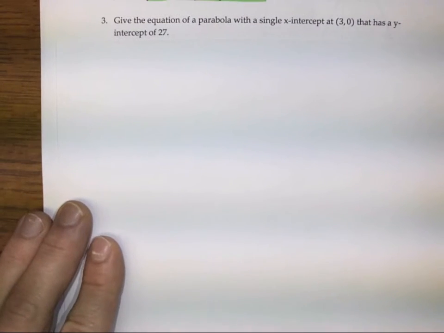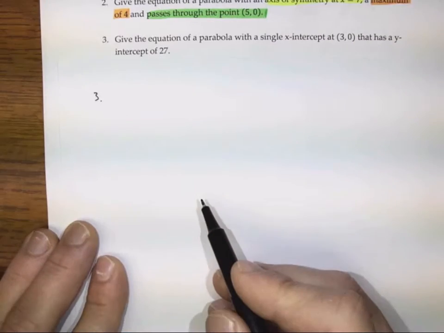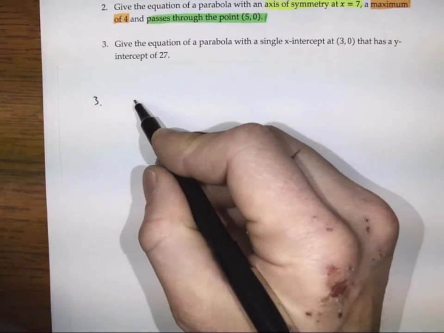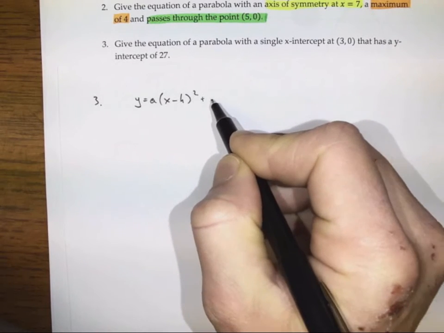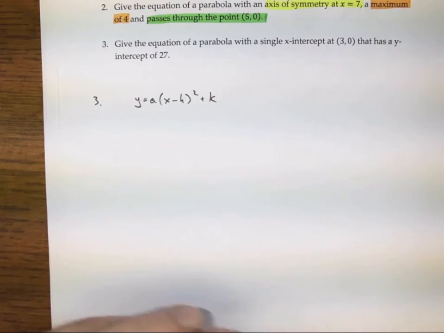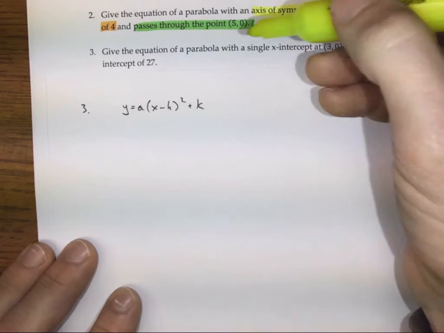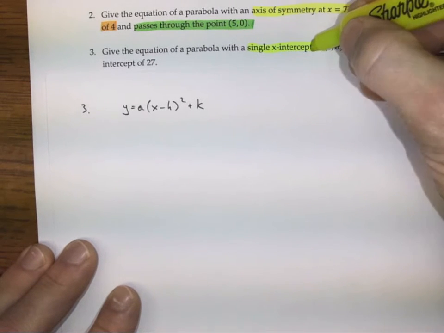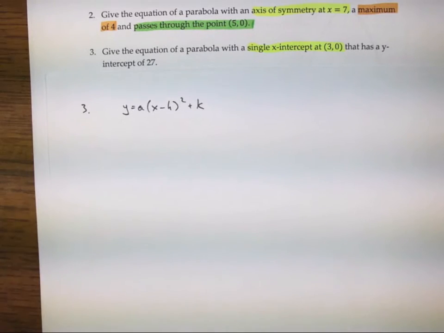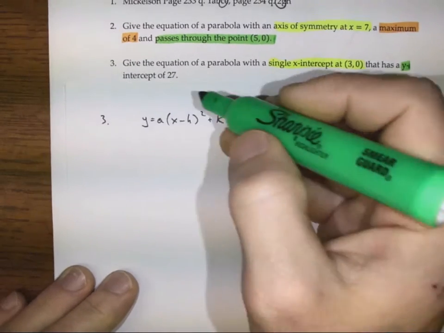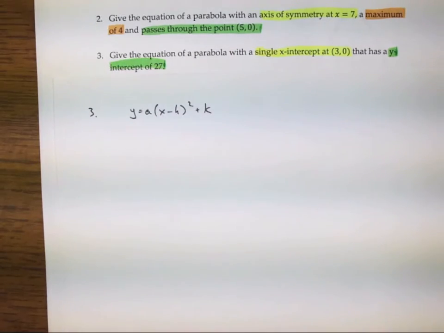Okay, so this question asks us to give the equation of a parabola. Oh, so we'll just stop there. y equals a(x minus h) squared plus k. And now I'm going to start reading. It says the equation of a parabola has a single x-intercept at 3, 0. And it has a y-intercept of 27.